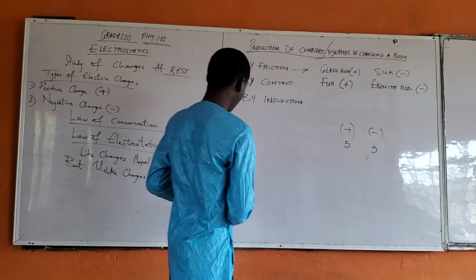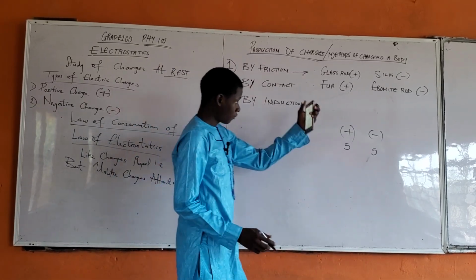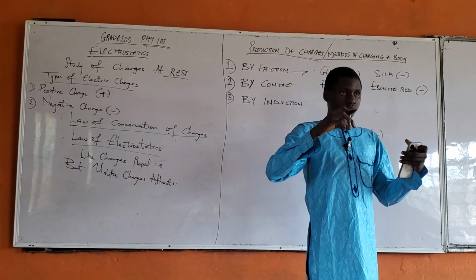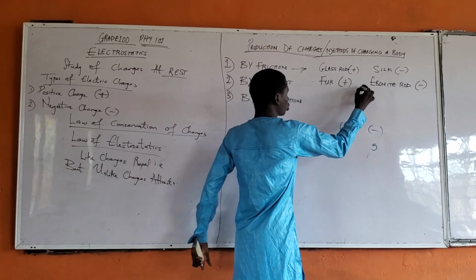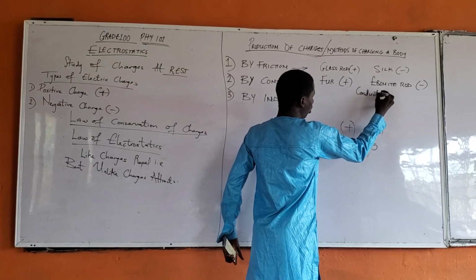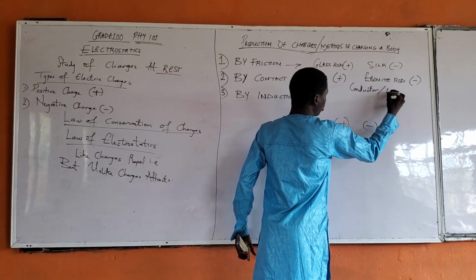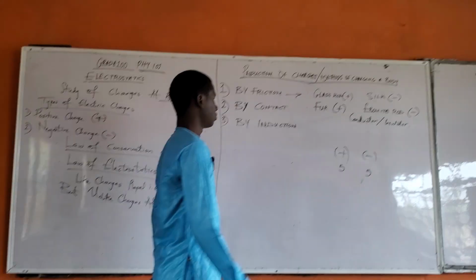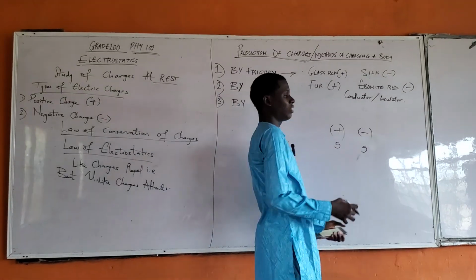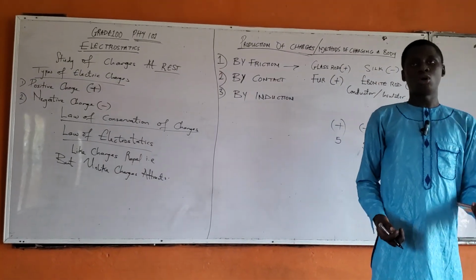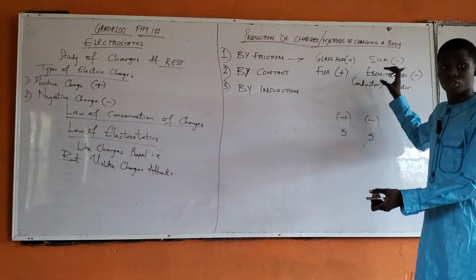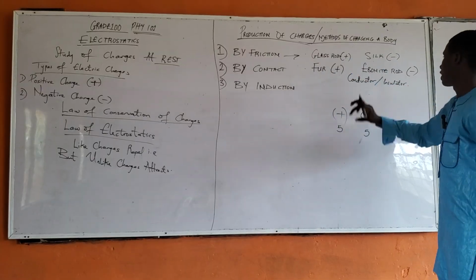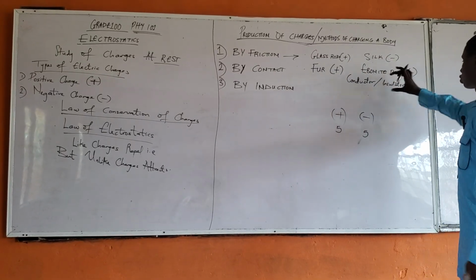Now, by friction can be used to make either a conductor or an insulator a charged body. It's either you make a conductor a charged body or an insulator a charged body. So we can use friction to make either a conductor or an insulator a charged body.